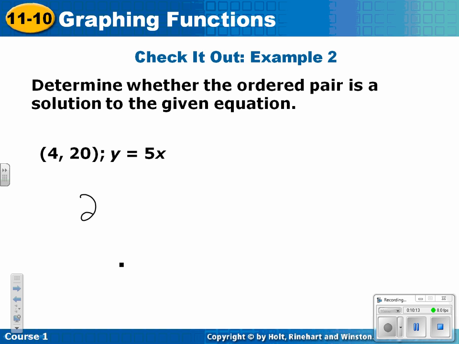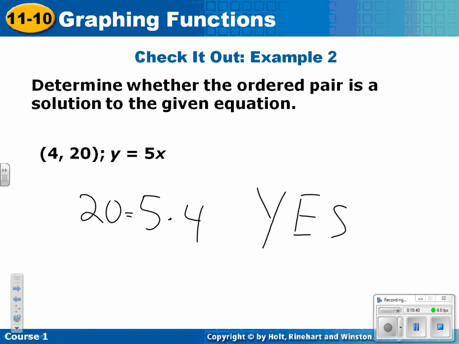Okay, so 20 equals 5 times 4. Is that a true statement? Yes. So I would say yes.